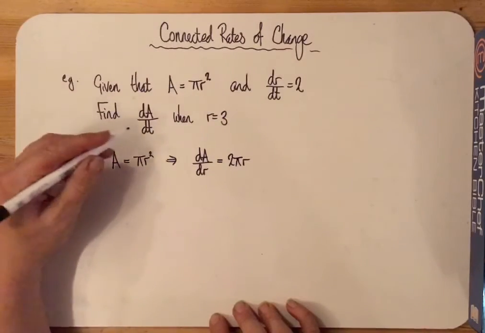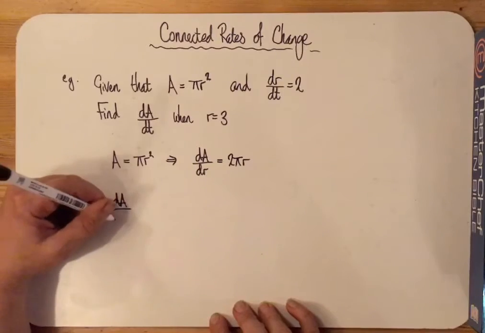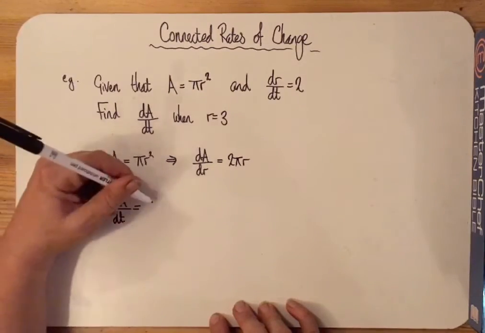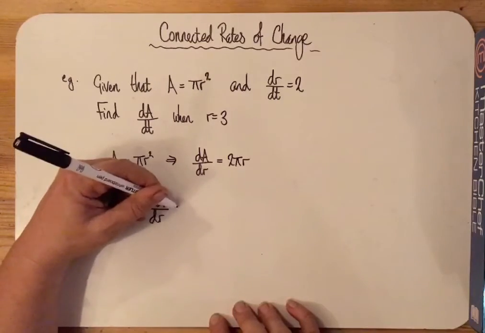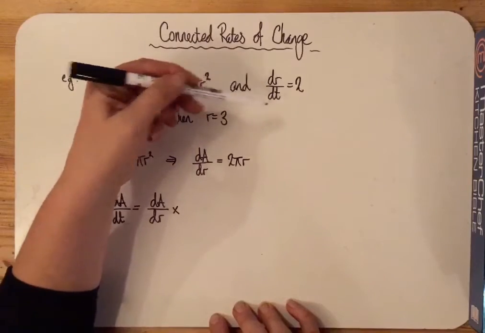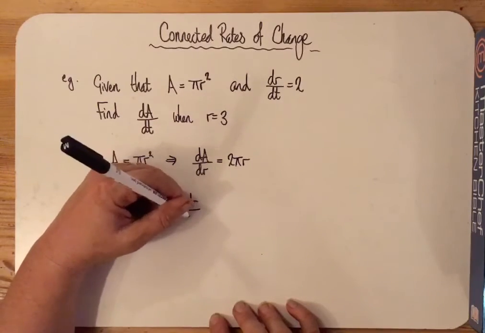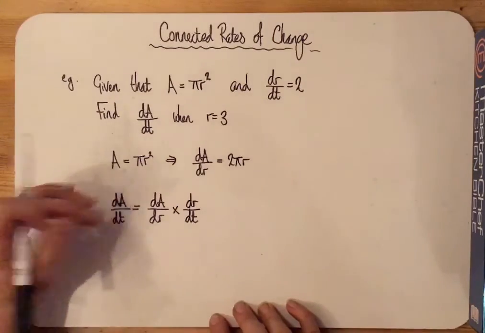And then I want dA/dt. So I need dA on top. And then if I multiply this by dr/dt, so the dt is underneath, then these will cancel off and take me back to there.